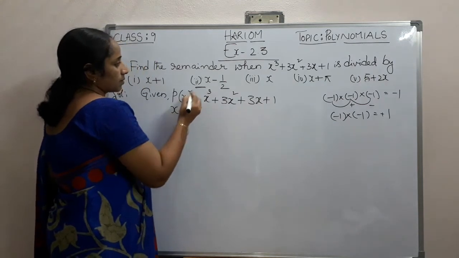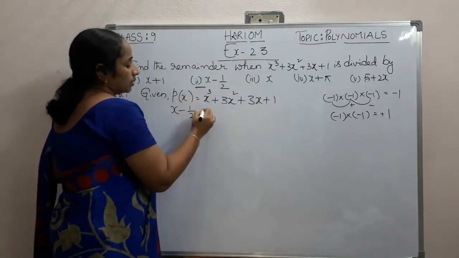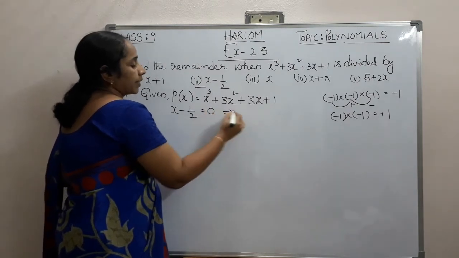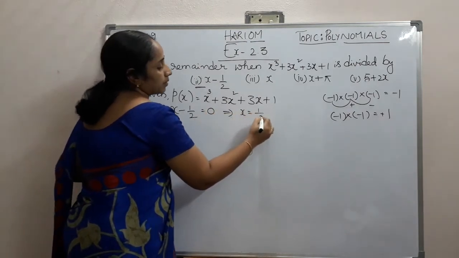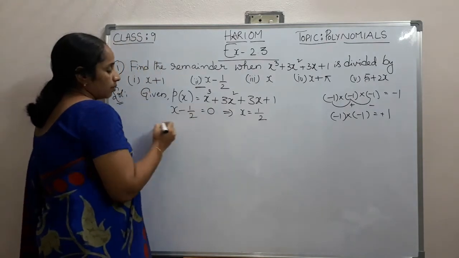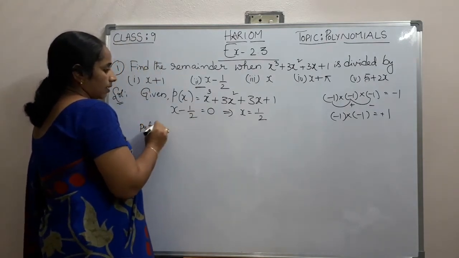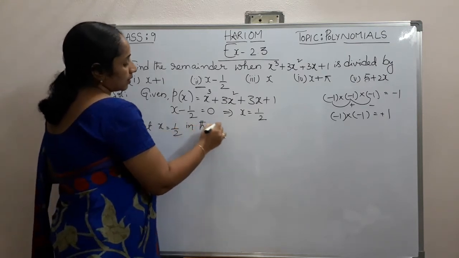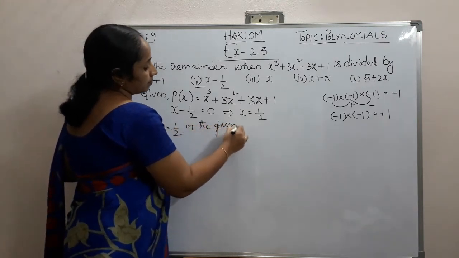X minus 1 by 2 is equal to 0, which implies minus 1 by 2 goes to this side as plus 1 by 2. Now put x equal to 1 by 2 in the given polynomial.